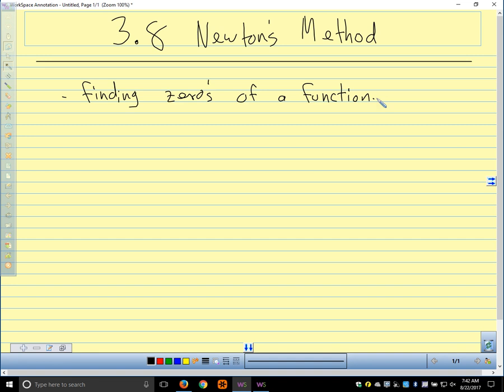Interestingly, when Newton came up with Newton's method, and sometimes you'll see it called the Newton-Raphson method, he didn't think about it the way that we present it. He didn't think about it in terms of its relationship to calculus, really. It wasn't until later that the relationship was made.